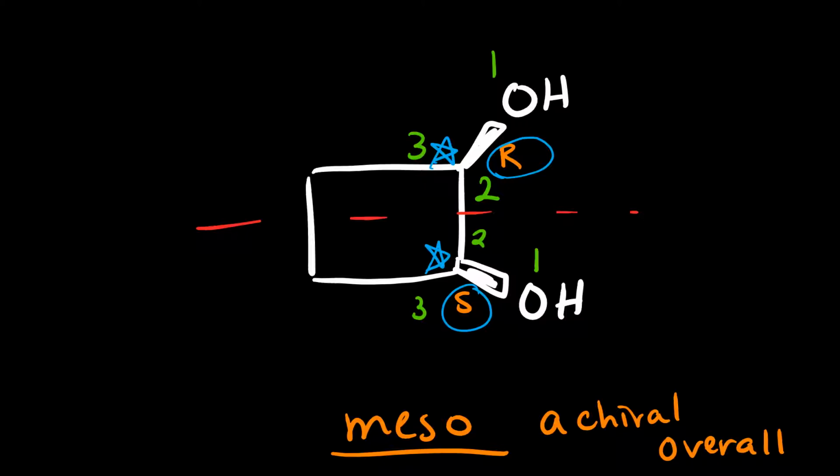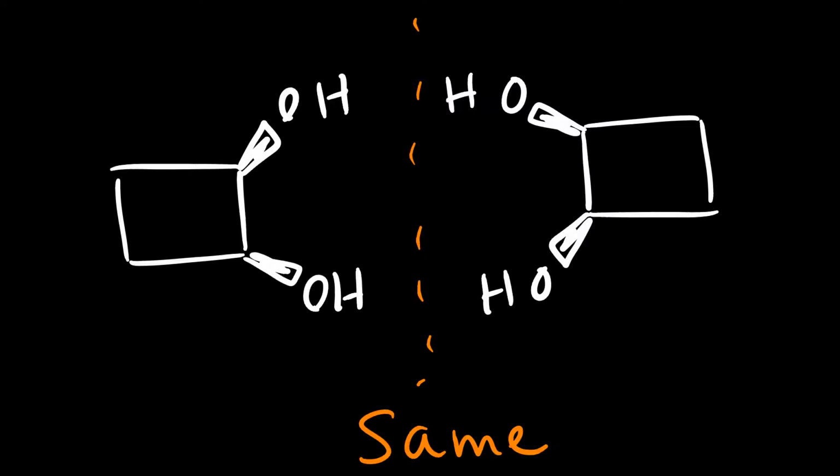Notice that meso compounds, when you're comparing two carbons, for example, those two carbons must have the same 4 groups around them, but they have exactly opposite configurations. And so if you look at the set of enantiomers that you would get from the meso compound, they're actually redundant, and so this is achiral.